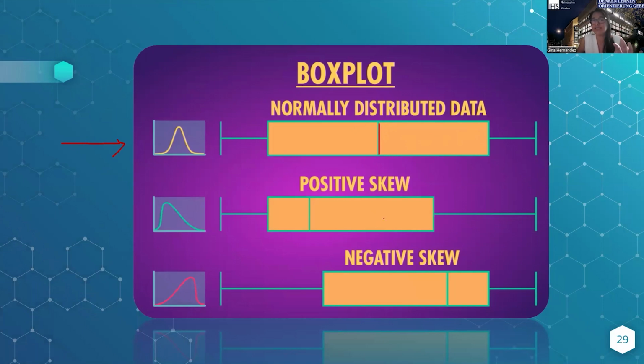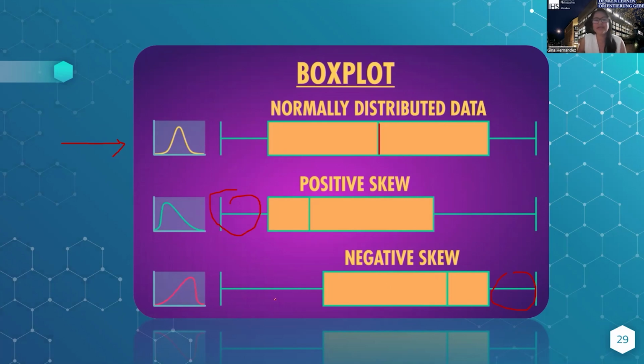If it doesn't look like this, if it's going towards one side, for example, this is shorter than this, or the opposite, this means that you don't have a normal distribution. Your distribution is skewed. If it's a little bit more to the left, it is a positive skew, and the other way is a negative skew.